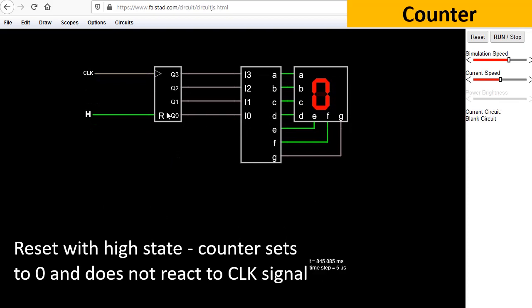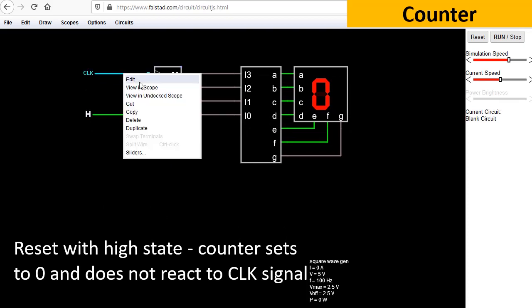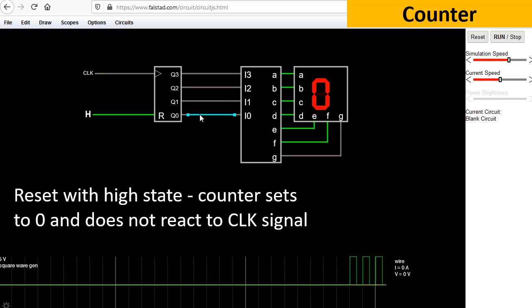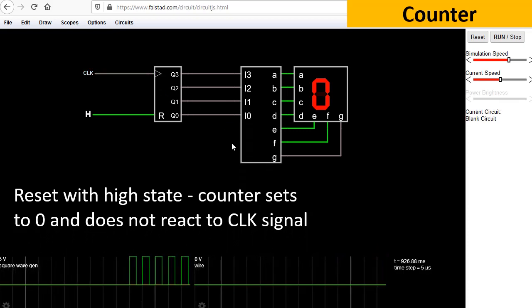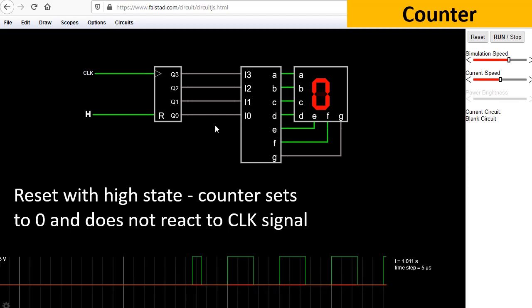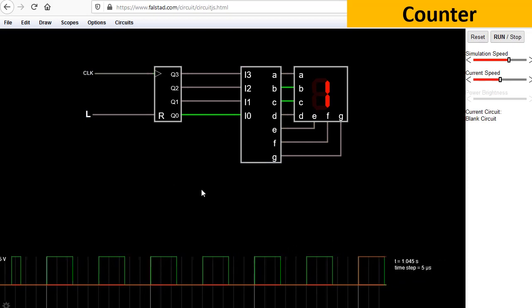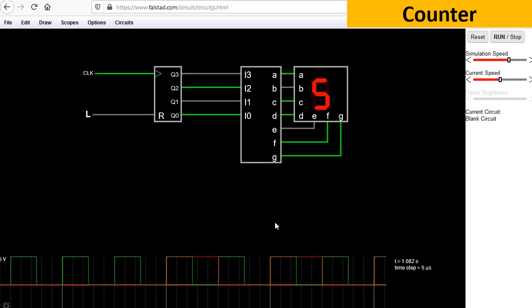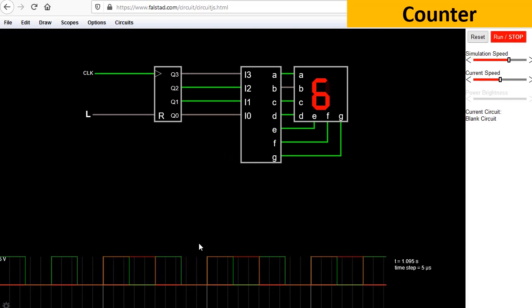Now let's take a look at signals, the clock, and here Q0. I will combine it. Oh, reset, okay. Okay, so here you can see the clock, and here Q0, which is clock divided by 2.